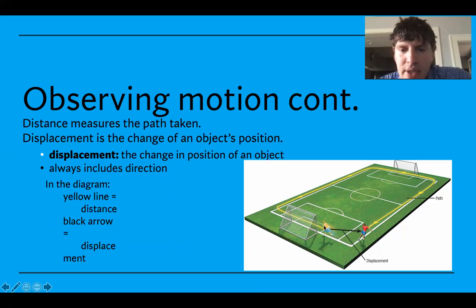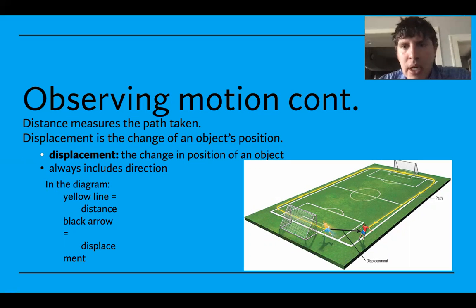As you can see in this little graphic, this individual started here. The yellow is the distance traveled, whereas displacement is just how far from where he started to where he ended. So in the diagram, yellow equals distance. The black arrow here is displacement, okay?